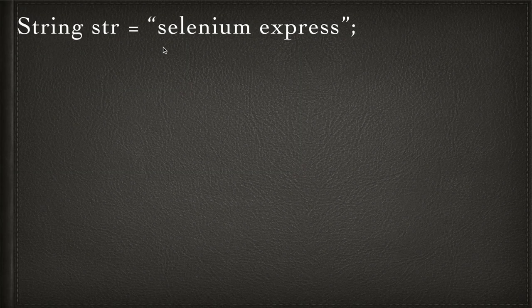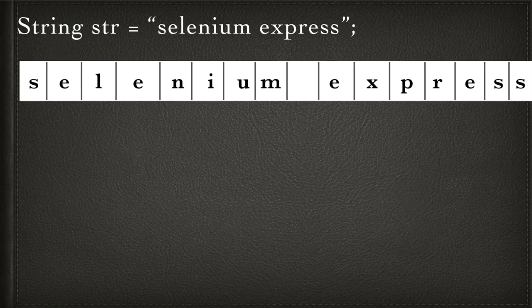A string is actually a sequence of characters. S is a character, E is a character, L is a character, and so on. The string internally uses a character array to store all its characters, so all these characters are actually stored inside a char array in memory. Just imagine this is a char array.